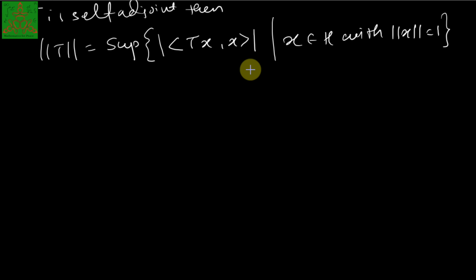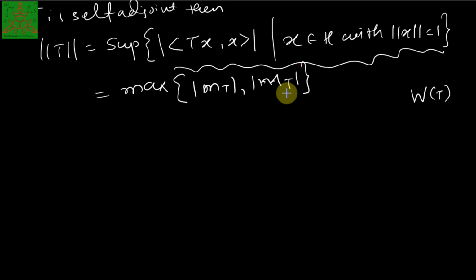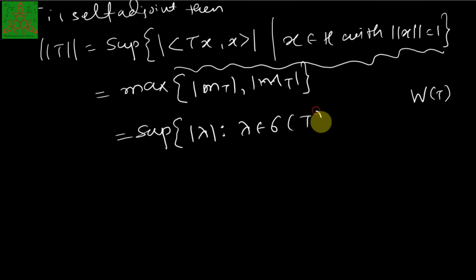But this definition is nothing but the supremum of the values in the numerical range of T. That means the supremum is either mod of small m, or it is capital M. So hence it is a supremum of modulus of lambda, lambda belongs to the spectrum of T. So the norm is defined like this.